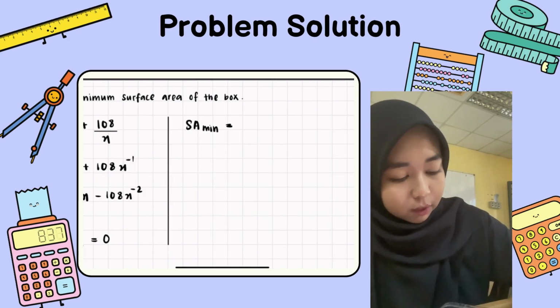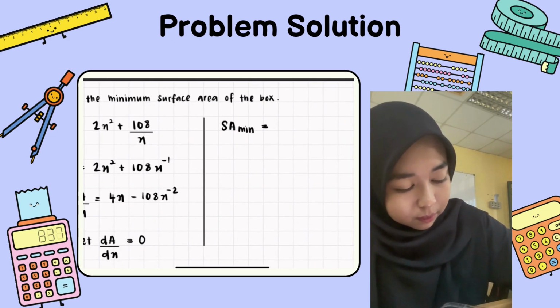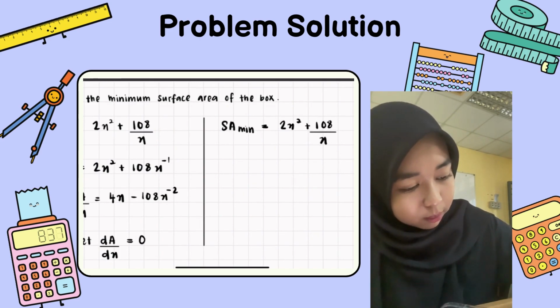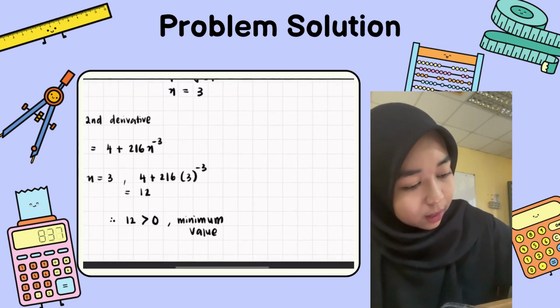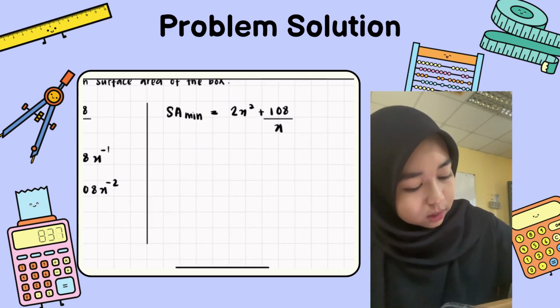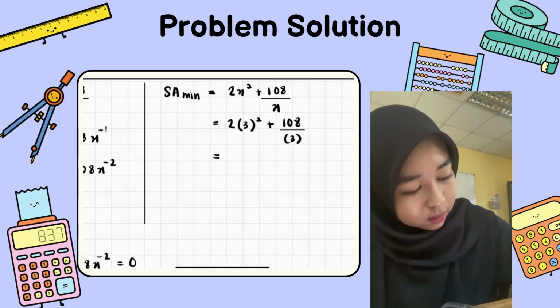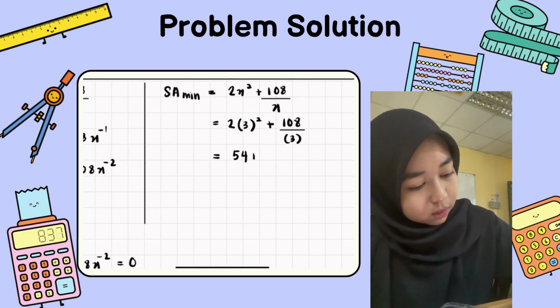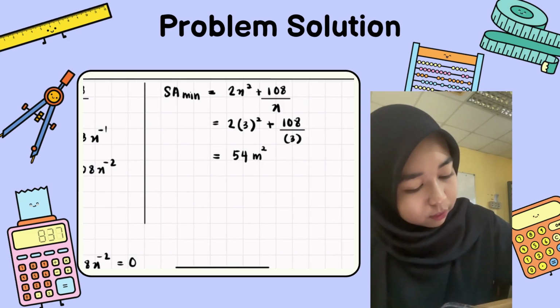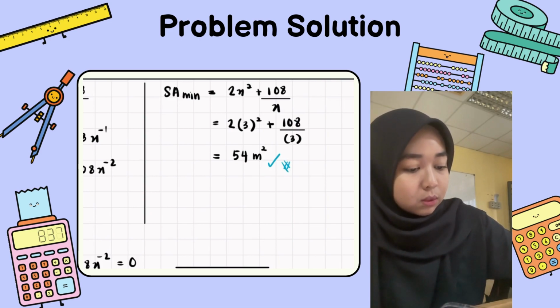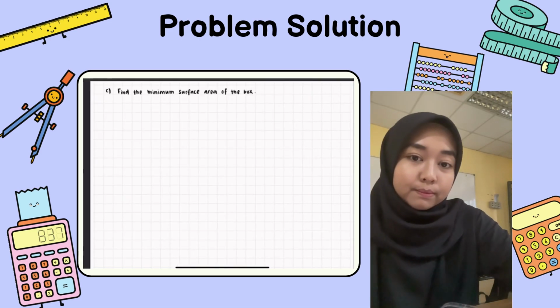To find the minimum surface area, from the area of the box 2x squared plus 108 over x, we just substitute the value of x, so 2 times 3 squared plus 108 over 3. Calculate this and we will get 54 meter square. So this will be the final answer.